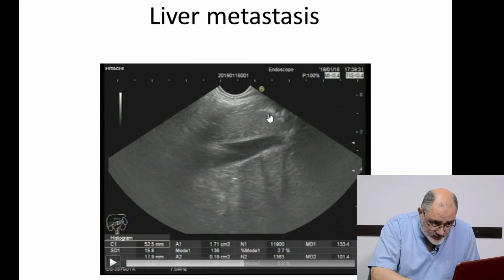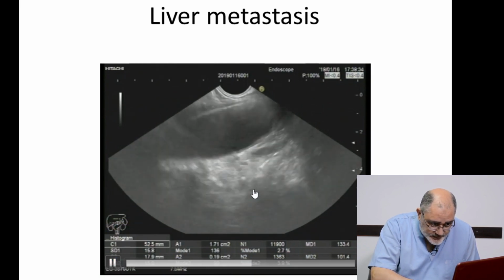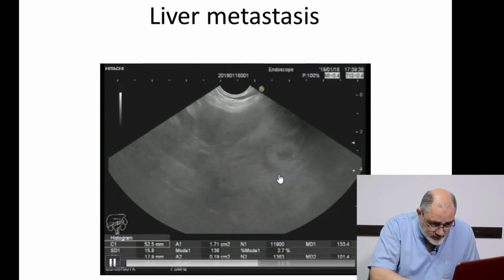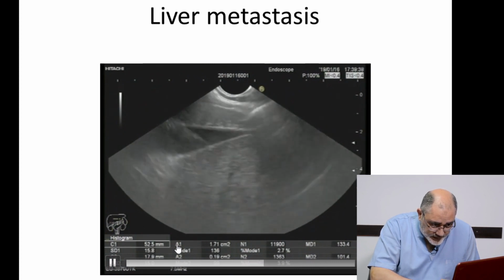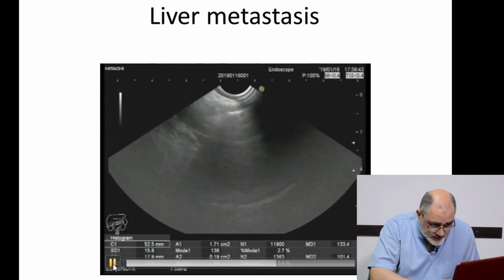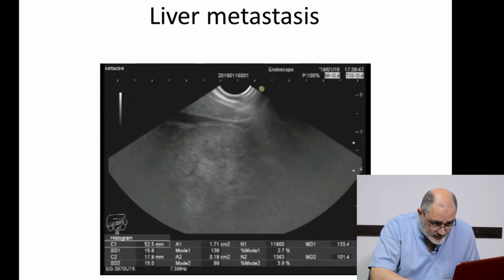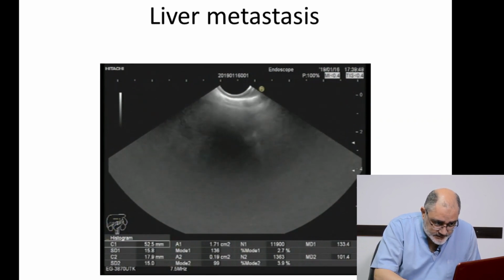Here segment 1 is the caudate lobe in between the echo endoscope and the intrahepatic portion of IVC, and below is segment 4A. And this is the aorta. So these are multiple hepatic focal lesions in nearly all segments of the liver, highly impressive of liver metastasis.